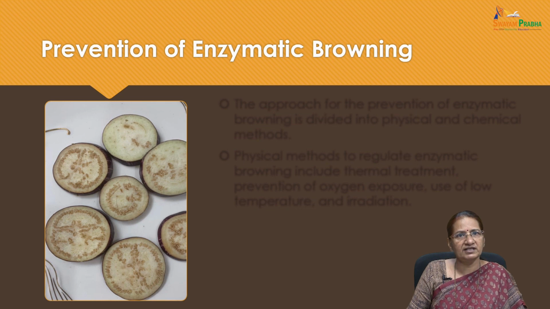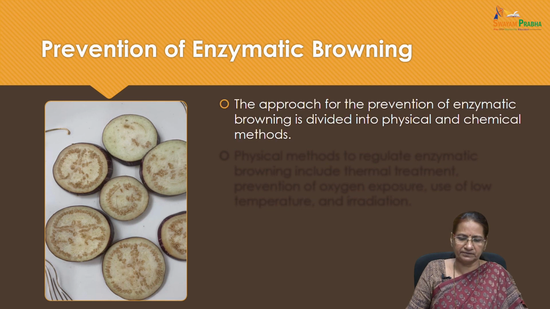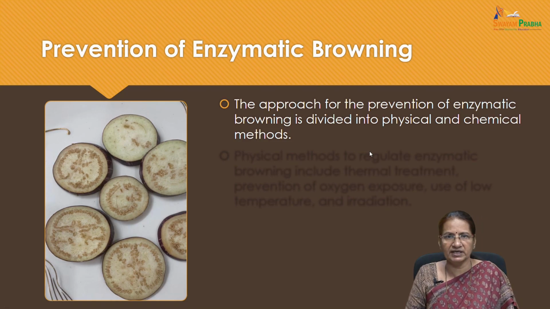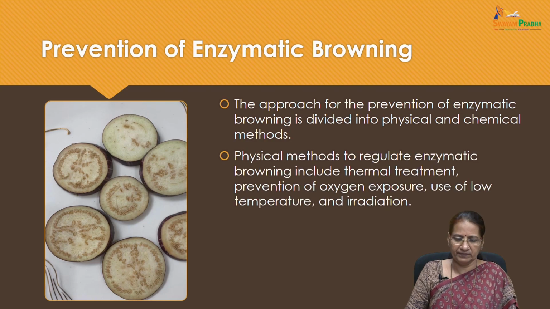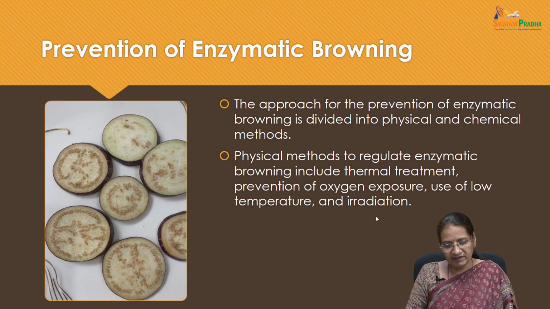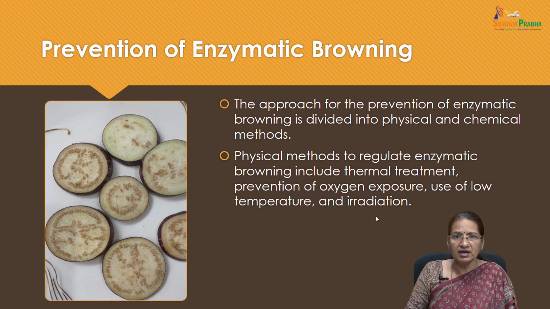Now, how to prevent this enzymatic browning? The approach for the prevention of enzymatic browning is divided into physical and chemical methods. Physical methods to regulate enzymatic browning include thermal treatment, prevention of oxygen exposure, use of low temperature, and irradiation.